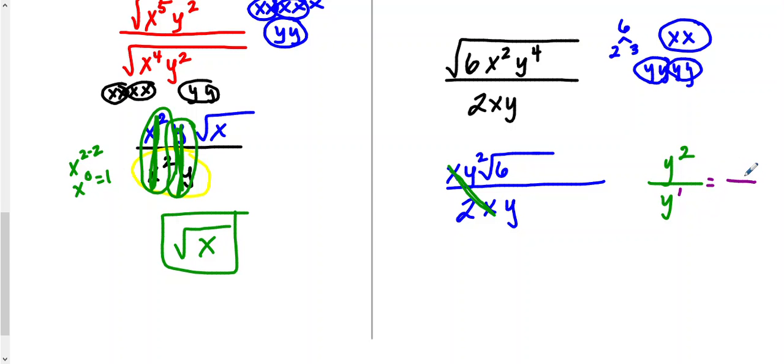So that really becomes y on the top, and no y's are left on the bottom. We're keeping it on the top of the fraction because 2 is bigger. So this now means I have a y on the top, square root of 6 on the top, divided by 2.